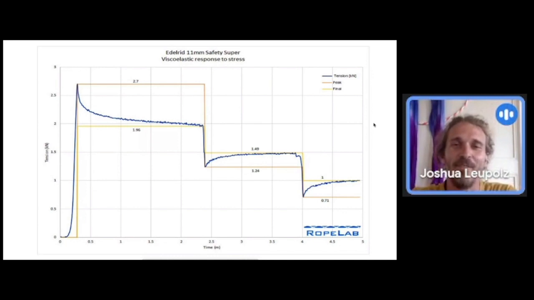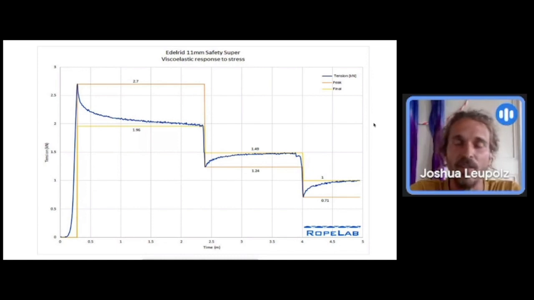So the first topic I want to talk about is the viscoelastic effect of webbings, or of any plastic material anyway. I got this graph this morning from Leupolz from Delbene. He shared this in a Facebook chat, and it really shows in a nice way what is happening with webbing.